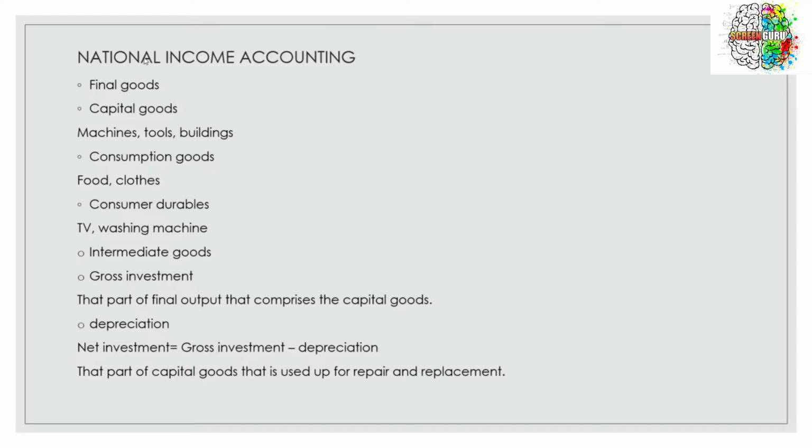So what is a consumer good? The goods and services that we consume, like food, clothing, and recreational services, which are consumed by us, are called consumer goods or consumption goods. And what is a capital good? Say for example that you need an industry.